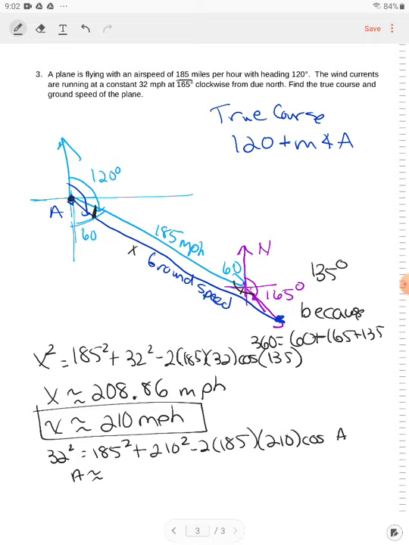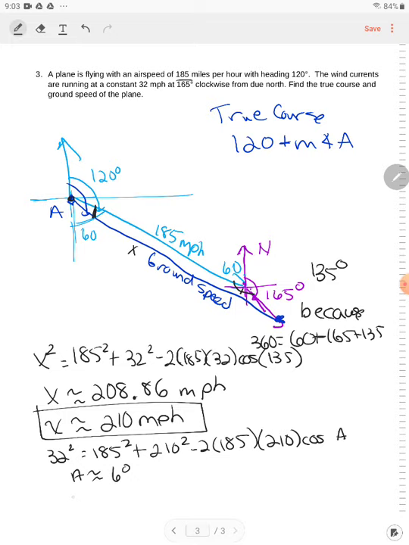So, you're going to get different answers depending on if you round, and also where you choose to round your answers. All right, so in this case, if I don't round, I get A is approximately 6 degrees.